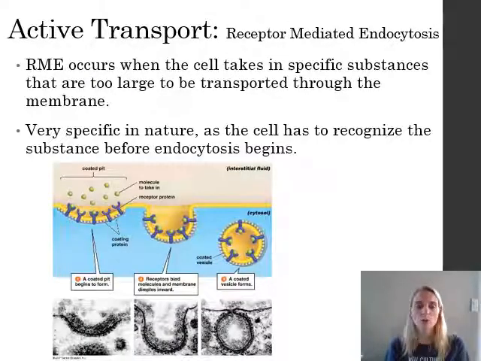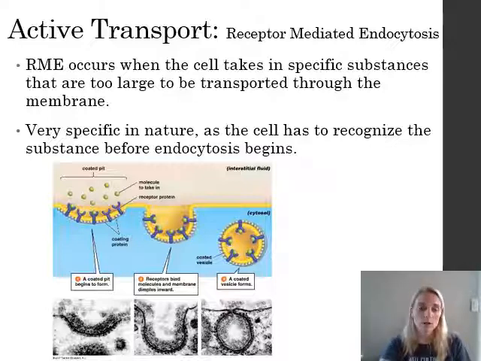The next one is called receptor-mediated endocytosis. Again, it's bringing in things that are too large to transport through the plasma membrane, but this is a lot more specific. The reason is that it's receptor-mediated. The receptors have to bind to a particular substance, so not just any old thing can trigger this process of endocytosis.